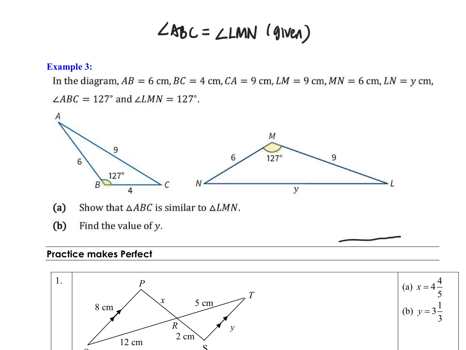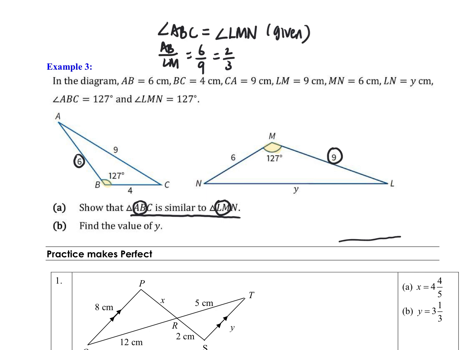Actually there's a trick. You can go to the original part that they ask you to prove and compare the ratio. So AB must be compared with LM. So we check AB with LM, my ratio is 2/3.